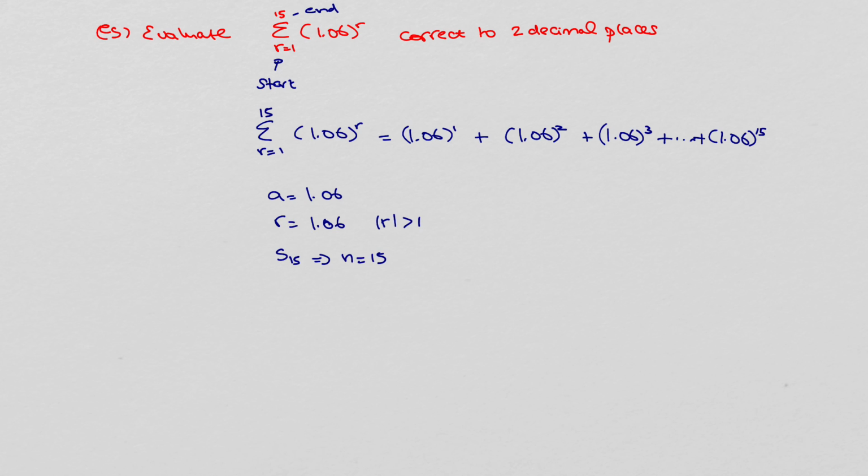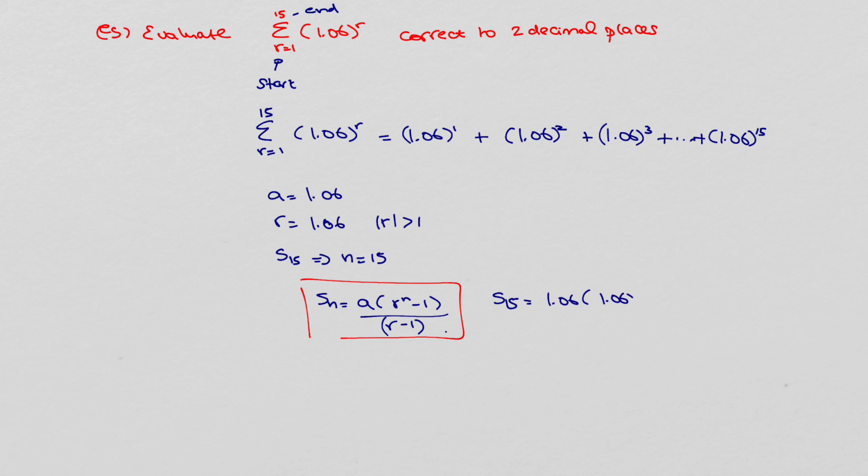So if we write out our formula, we're going to have S of n, a times r to the n minus 1 over r minus 1. And therefore the sum of the first 15 terms is going to be 1.06 times 1.06 to the power of 15 minus 1 all over 1.06 minus 1.